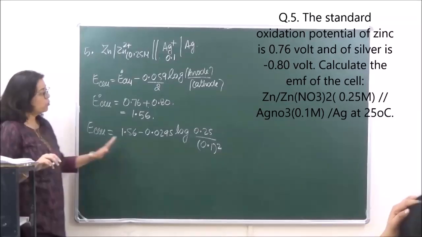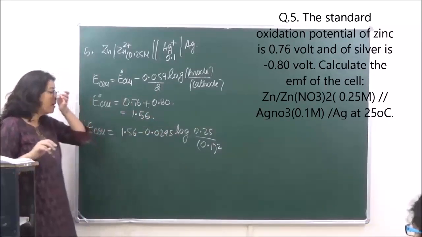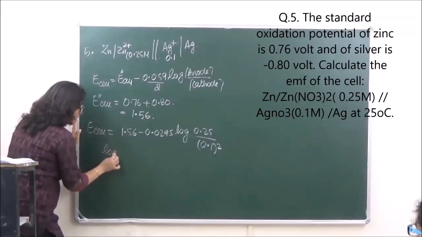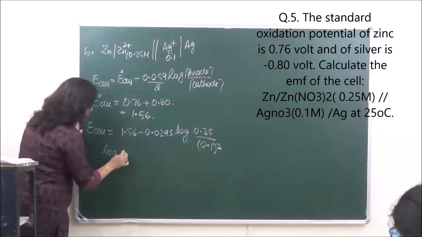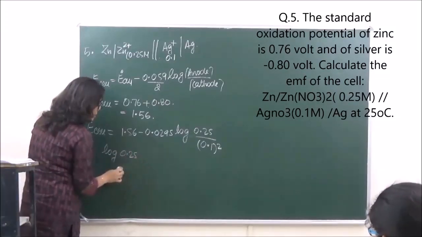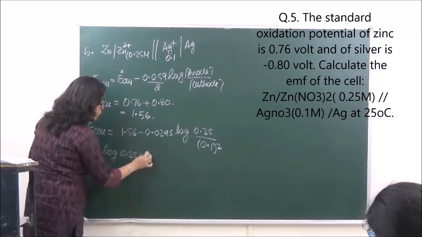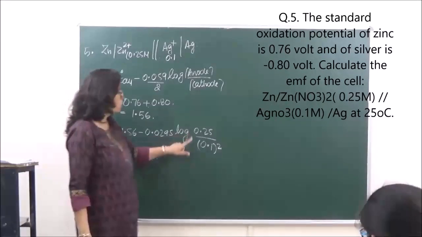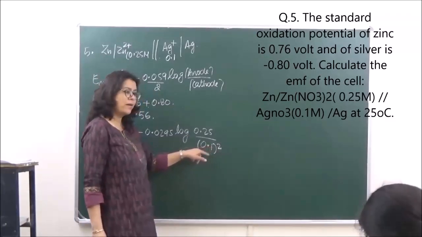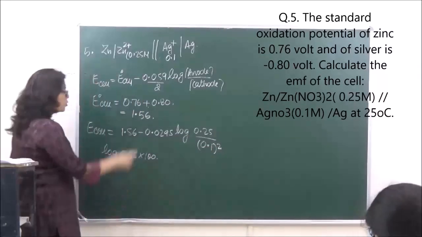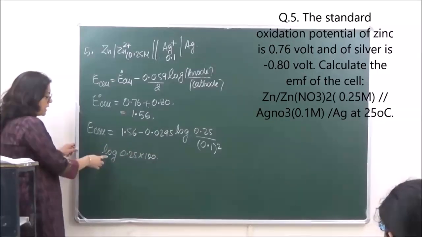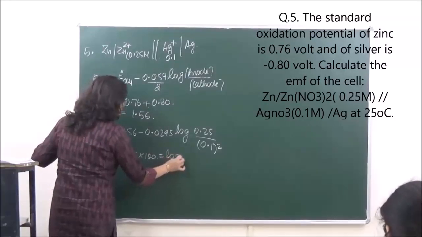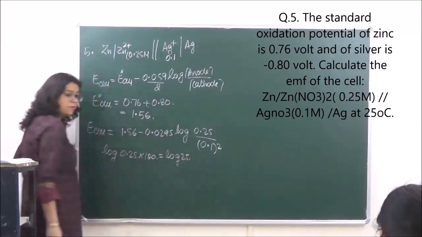Okay? So I am going to first separately calculate the logs for you. This can be written as log of 0.25 into 100, since 0.25 divided by 0.1 squared, that is 0.01, becomes 0.25 into 100. This becomes equal to log of 25.